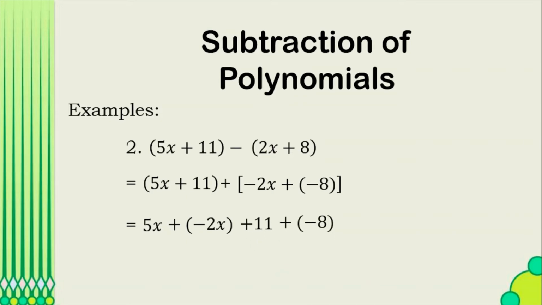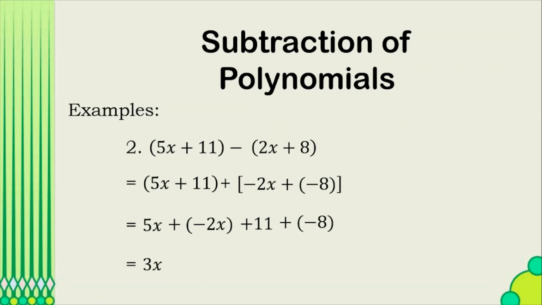So 5x plus negative 2x is equal to positive 3x. So look at the numerical coefficients. We have 5 and negative 2. So what's the absolute value of positive 5? It is positive 5. The absolute value of negative 2 is positive 2.